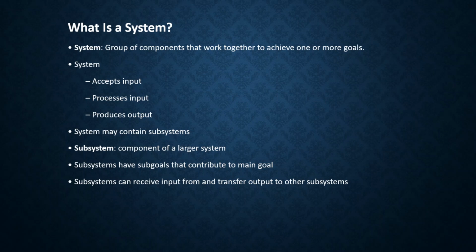A system has some goal or objective to achieve. The education system, for example, has the goal of providing education, in simple words. Various other systems have their own particular goals to be reached.